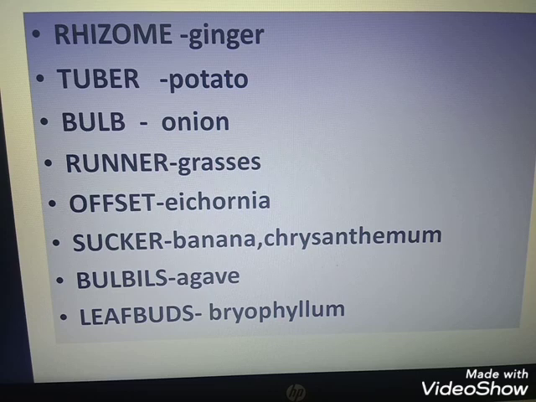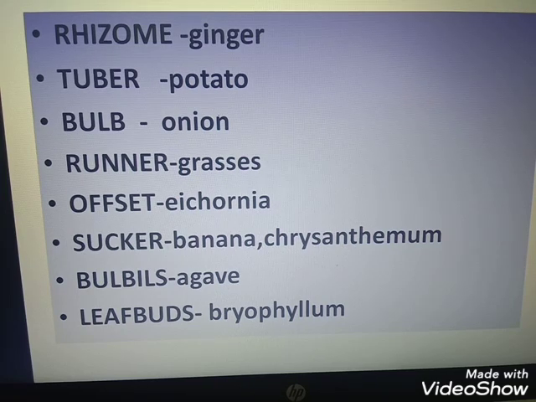In the case of tuber, the new organisms are formed from the eyes. Eyes represent the nodes. In the case of bulb, the new organisms arise from the adventitious roots. In the case of runner, new organisms are formed from the adventitious roots. In the case of offset, new organisms form from the axillary buds.